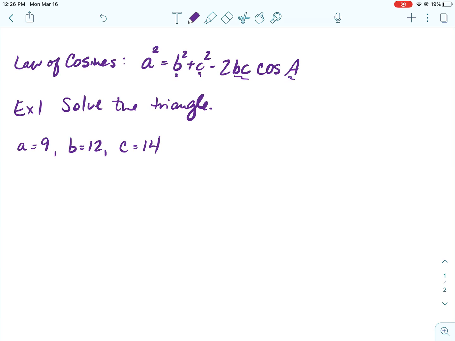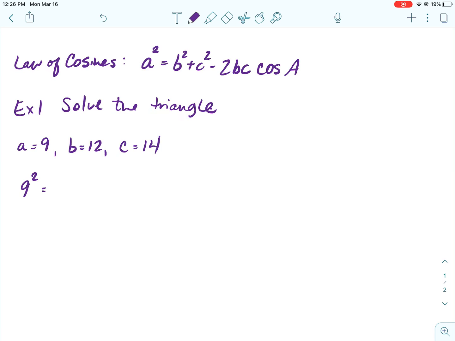Okay, so for the first go around, I'm going to use the formula exactly like it looks. All right, so we're going to put in everything that we know, and then that's going to leave us with one thing we don't know that we're going to find.